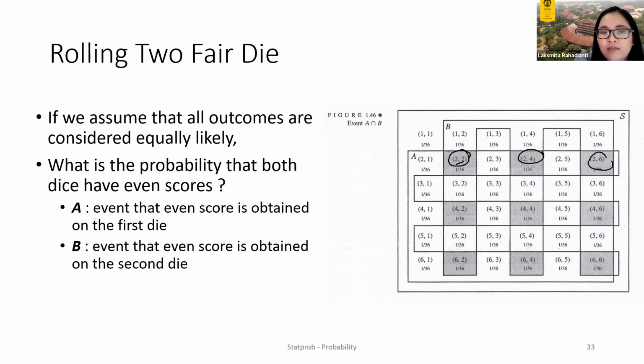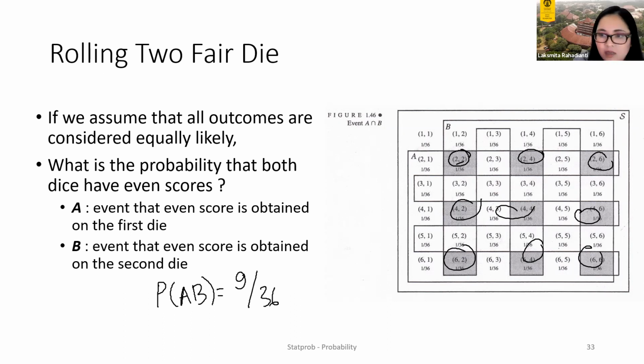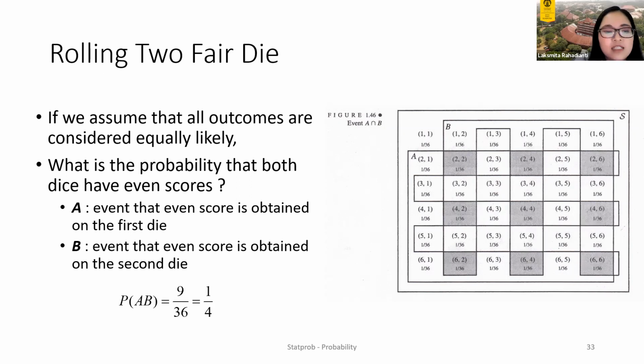But in total, we have 1, 2, 3, 4, 5, 6, 7, 8, 9 events. And thus this probability of A and B should be around 9/36. Am I right? Let's see. Yes, 9/36, or we can simplify that into 1/4.